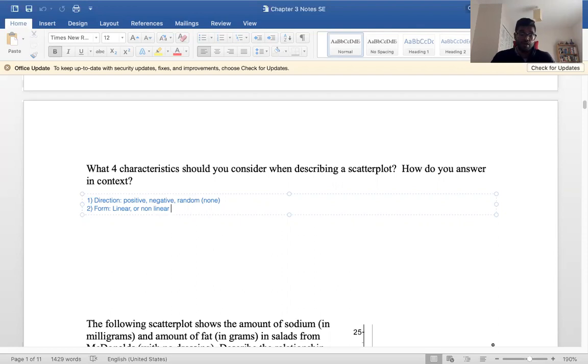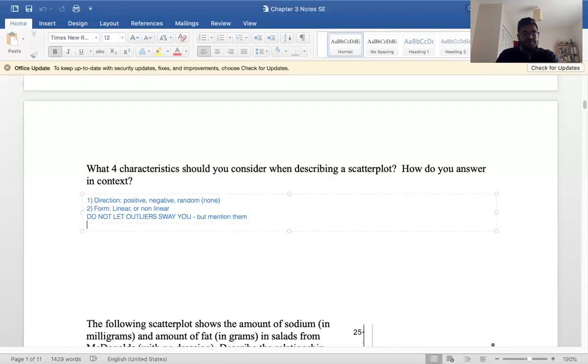Nonlinear being some sort of other shape. It's a parabola, square root function, stuff like that. Okay, do not let outliers sway you. You want to mention them, but stick with your gut reaction. We're going to look at what happens with graphs when they have outliers and what happens to their regression lines and their correlation. So we'll look at that as well in this chapter.